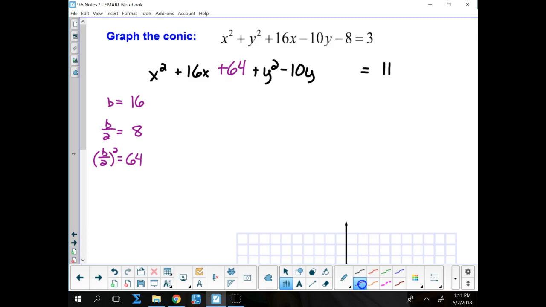But now what have I done? Created an imbalance, so to make it back into balance, I add 64 over here. Then I look at my y's. What's the b value for my y? Negative 10. What's b divided by 2 then?